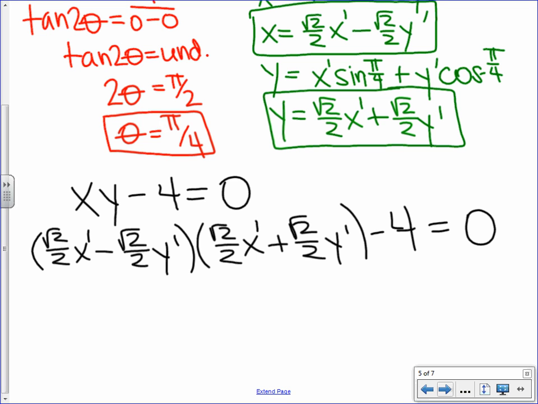Now it is a matter of multiplying things out, combining like terms, and then getting it to standard form.